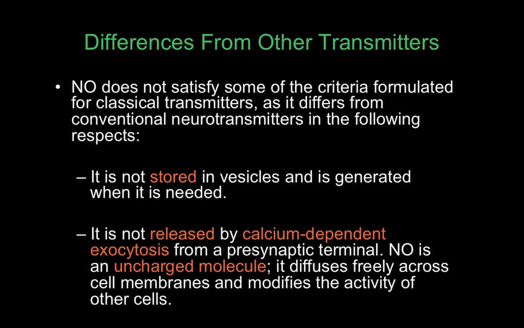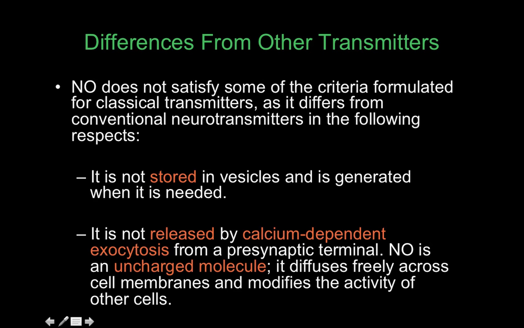Right, so remember I was saying that nitric oxide differs from the classical neurotransmitters such as acetylcholine, for instance. So let's read. Nitric oxide does not satisfy some of the criteria formulated for classical transmitters, as it differs from conventional neurotransmitters in the following respects. First of all, it is not stored in vesicles and is generated only when it is needed.